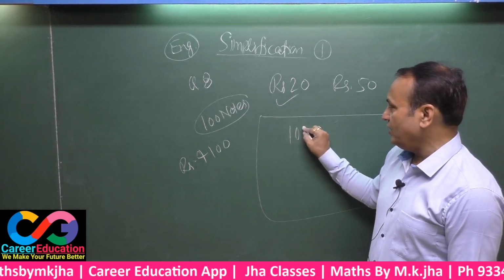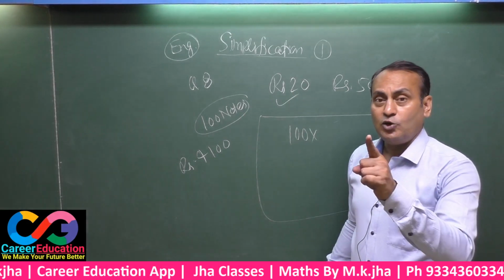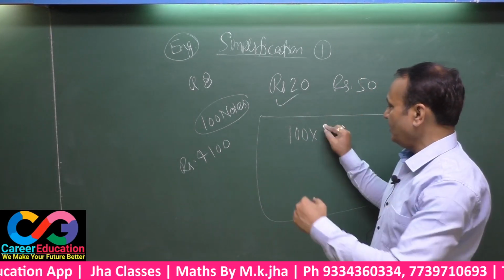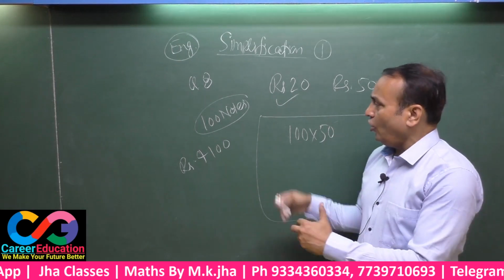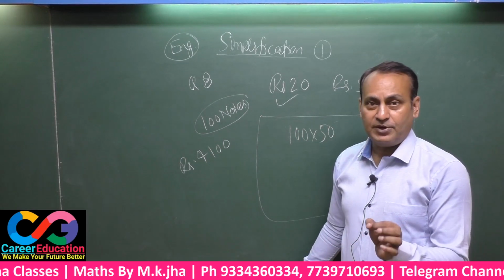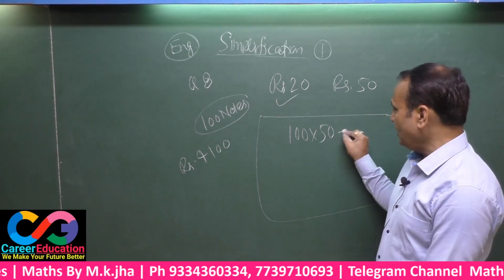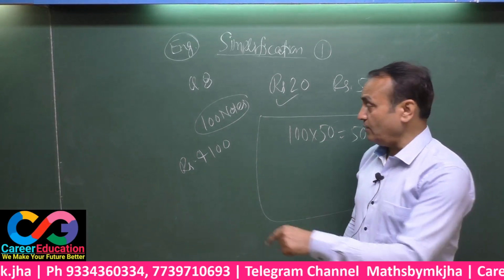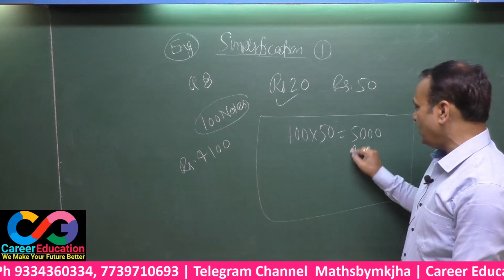That means you will have to suppose all the notes are just opposite of 20. That means 50. In that bundle, each and every note is of rupees 50. That means total value would have been rupees 5000, but the total value exactly is rupees 4100.